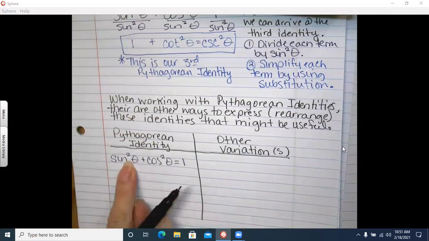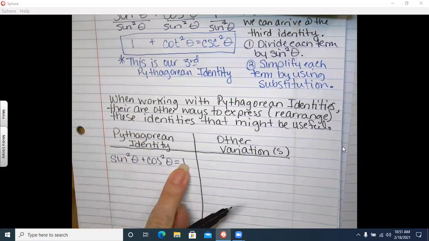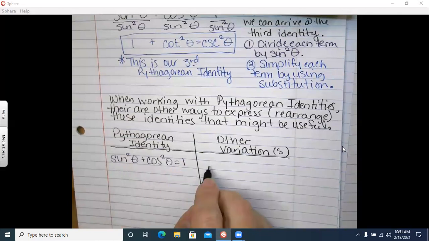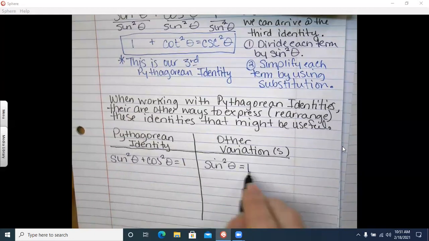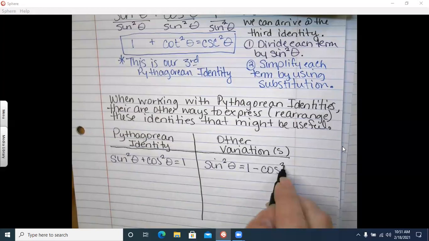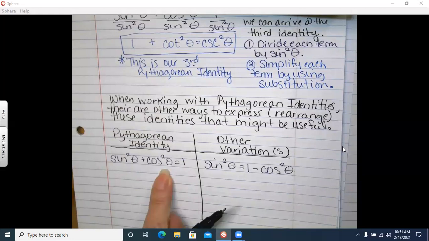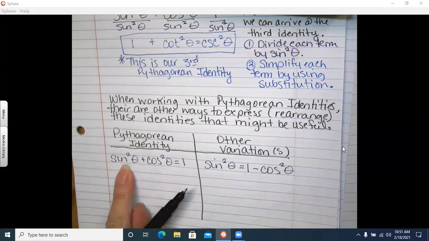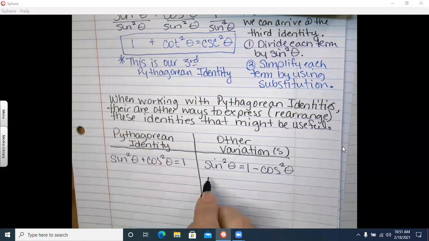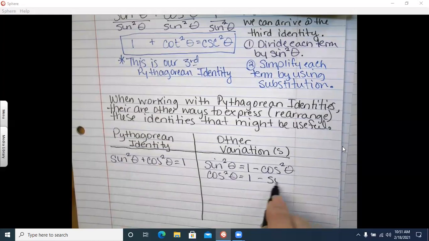If we subtract cosine squared of theta from both sides, we would have sine squared of theta equals 1 minus cosine squared of theta. Or if you want to isolate cosine squared of theta, we could subtract sine squared of theta from both sides. So that would leave us with cosine squared of theta equals 1 minus sine squared of theta. Those mean the same thing. I haven't changed them at all. I've just rearranged them. Right on?